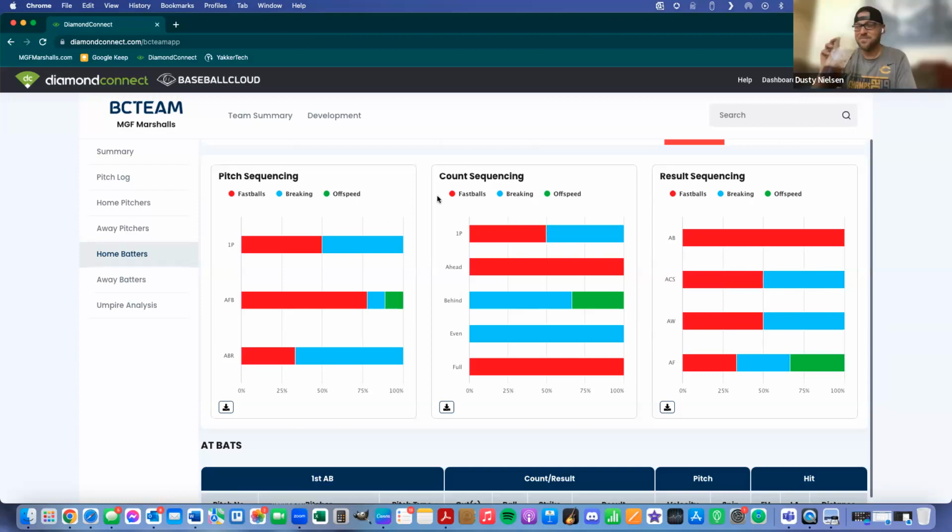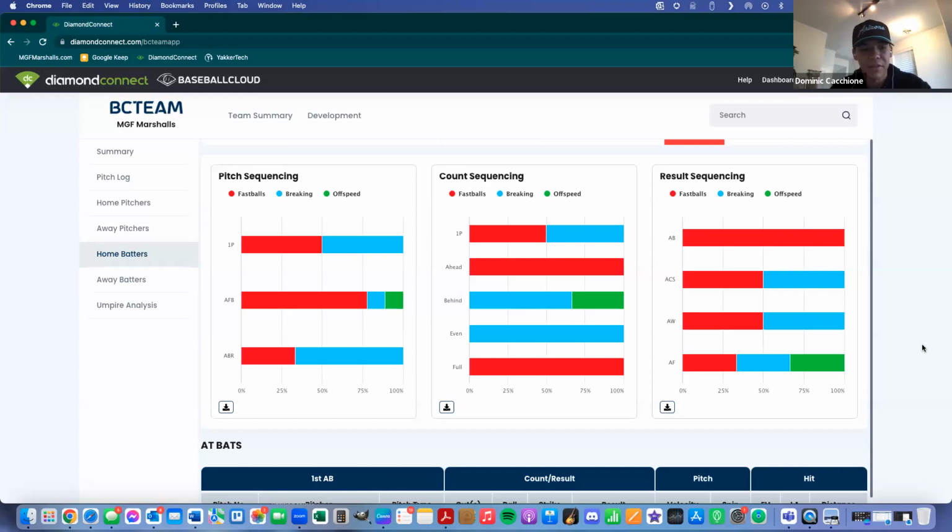So Dom, on this, how would we use these three boxes to work with a hitter? In terms of pitch sequencing and count sequencing, it's a little bit more subjective and dependent on who the pitcher is. But in terms of late game batting decisions, like pinch hitting situations, you can tell a guy going into it, this is what you should be expecting, look for it.